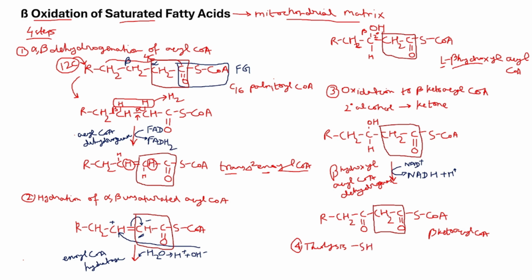So what will you do in this step? You have this molecule. I'm writing it again. Here you will add one CoA-SH molecule, and this is catalyzed by an enzyme called acyl CoA acetyl transferase.